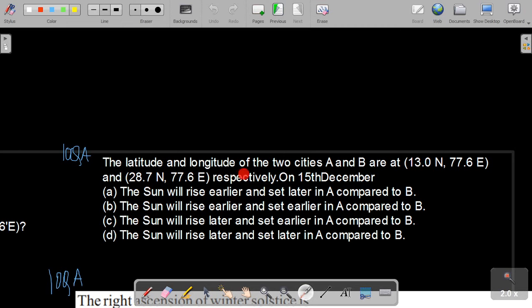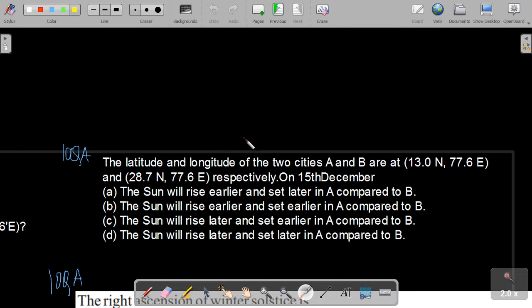The latitude and longitude of two cities A and B are 13 degrees north, 77.6 degrees east, and 27 degrees north and 77.6 degrees east. So the longitude is basically the same. It's asking us, on 15th of December, to compare the sunrise and sunset times.